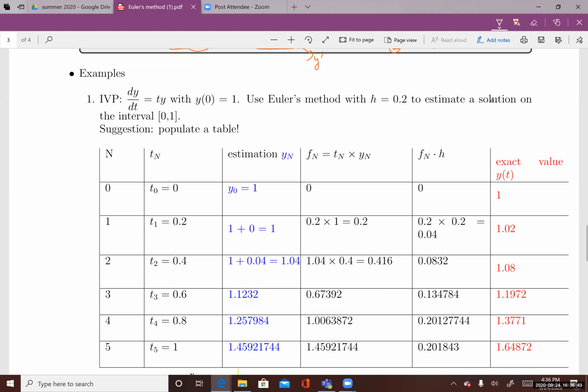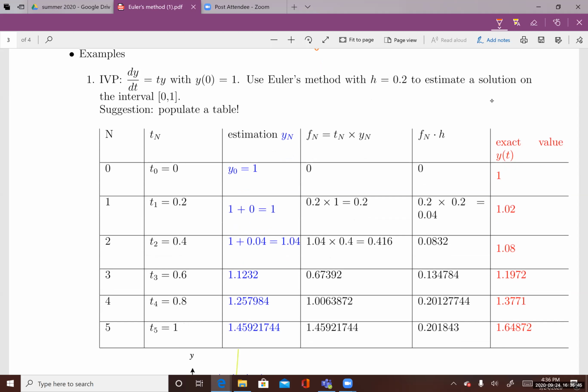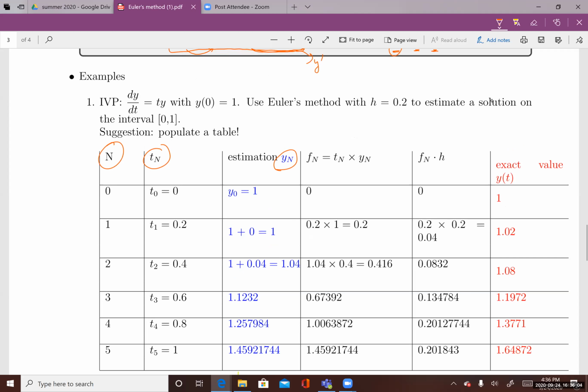So this is an example of a table that we can use. I have big N, which is the steps, t sub n, which is the value of t at each step, and this is the estimation y sub n. And this column here is the calculation of the derivative at step n.